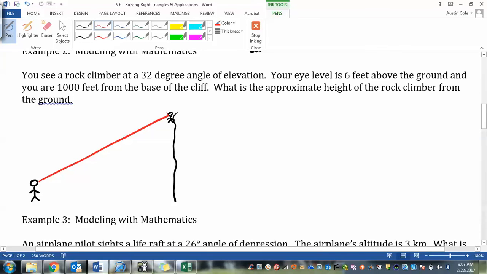Now we're going to make this again with the horizontal line. So here's my angle of elevation, that's 32 degrees. Again, that is between the line of sight in which I'm looking and the horizontal. It says that you are 1,000 feet away from the base of the cliff. So this would be 1,000.